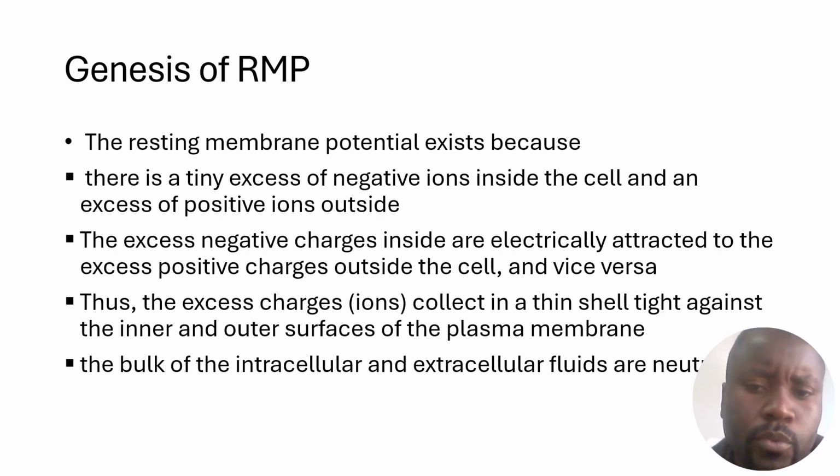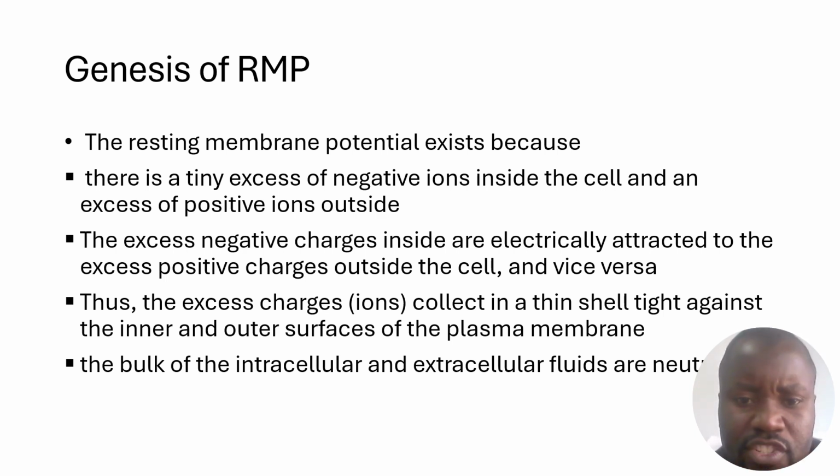From here, we will begin to look at how membrane potentials are generated. This is a result of the fact that there exists a tiny excess of negative charges inside the cell and excess positive charges outside the cell. These excesses inside electrically get attracted to the excess positives outside and vice versa.